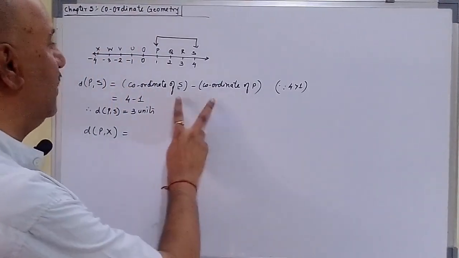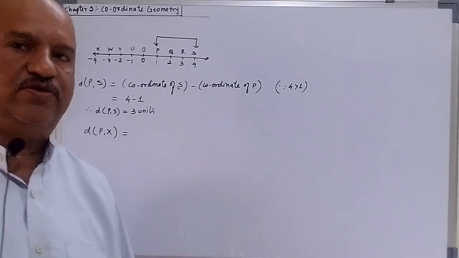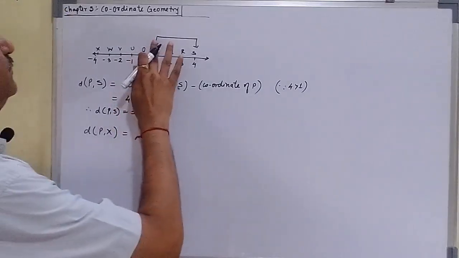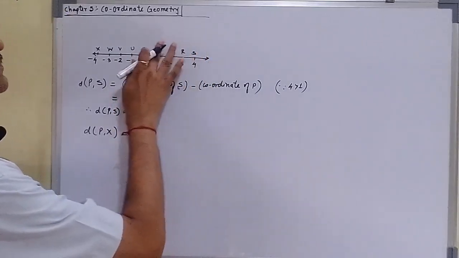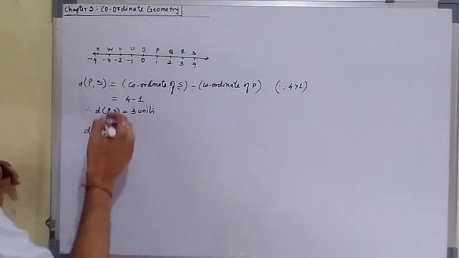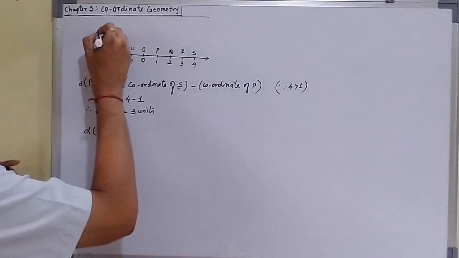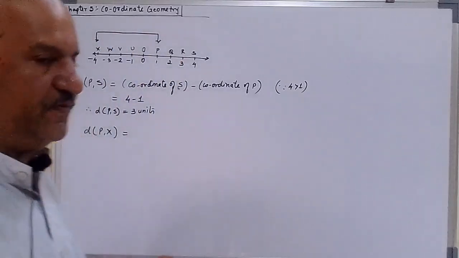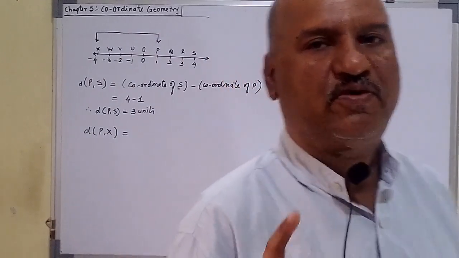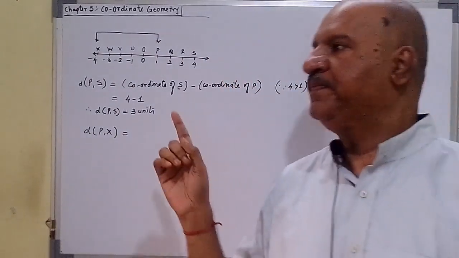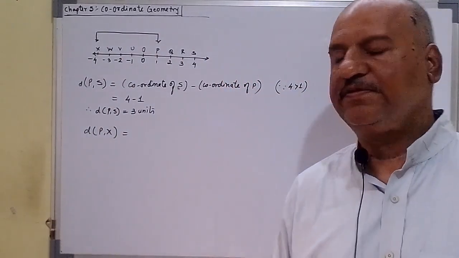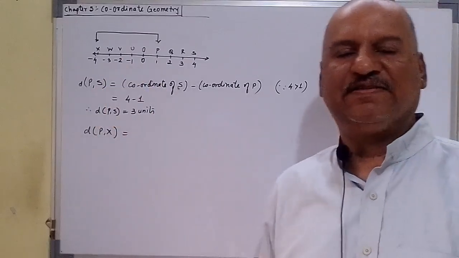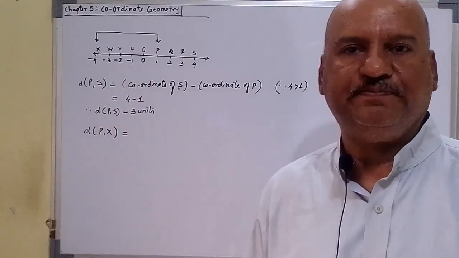Now here we saw both the coordinates were positive. Now we go to two points where one is positive and the other is negative. Point P has a positive coordinate and point X has a negative coordinate.